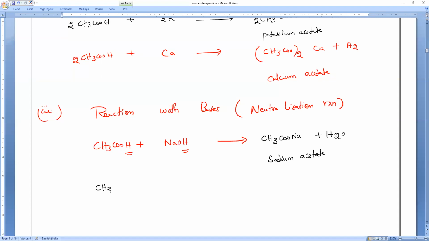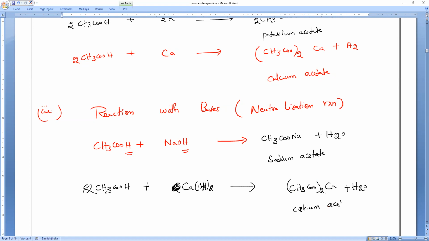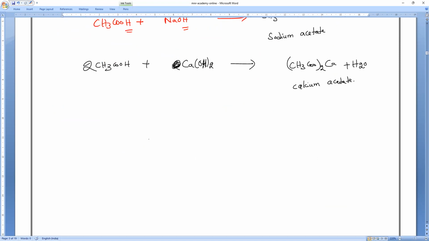Next one, CH3COOH reacting with calcium hydroxide, which will form calcium acetate, (CH3COO)2Ca, plus water. That is calcium acetate.